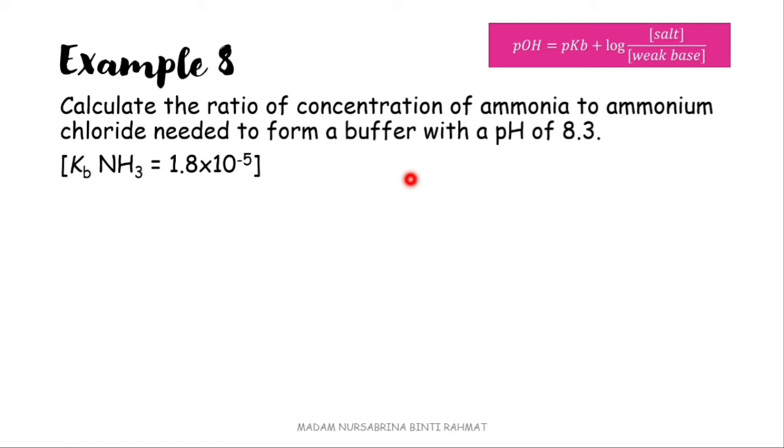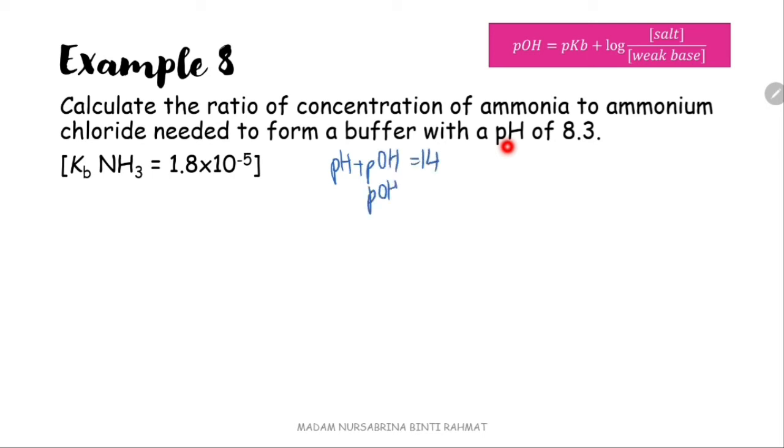Alright, so this time you are given a basic buffer, so they give you the final pH, which is 8.3, but they want you to find out the ratio of concentration between the weak base and the salt used in the buffer component. So first, let's write down pH, and first we calculate the pOH value. So pH plus pOH equals 14.